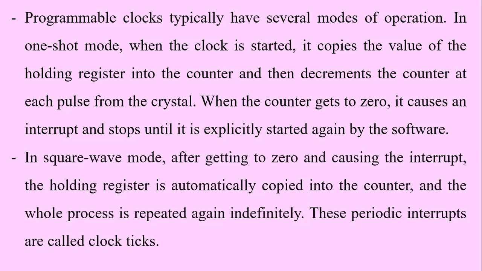In square wave mode, after getting to 0 and causing the interrupt, the holding register is automatically copied into the counter and the whole process is repeated again indefinitely. These periodic interrupts are called clock ticks.